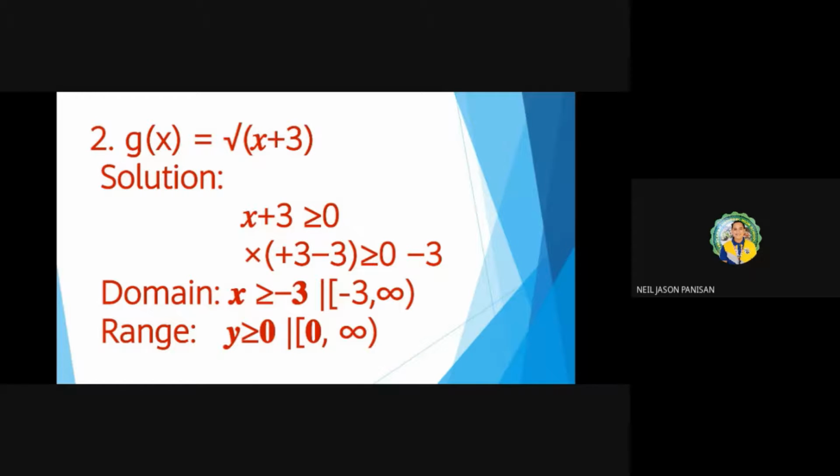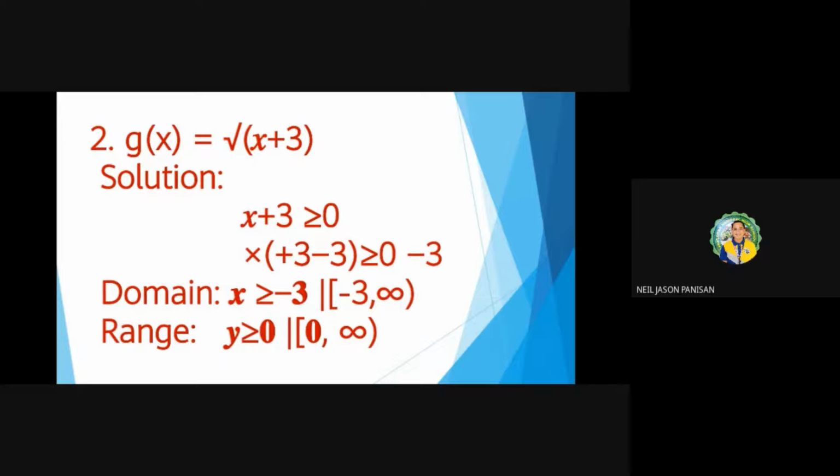So since we're going to subtract 3 from both sides, the result will be x plus 3 minus 3 is equal to or greater than 0 minus 3.